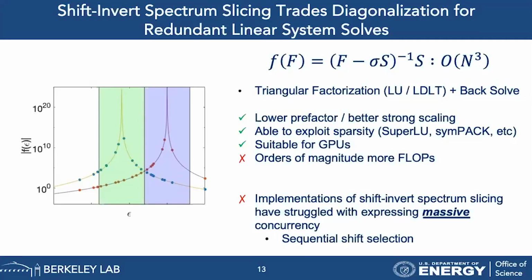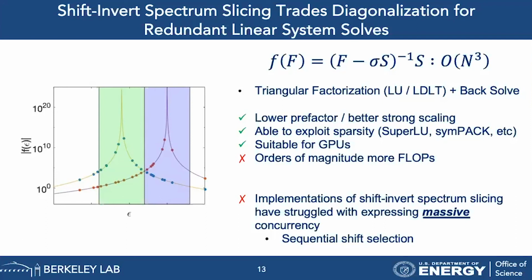And also we're going to be able to exploit sparsity, so we can use something like SuperLU or SymPACK to solve these linear systems at scale using many more resources than you were capable of using with diagonalization. And of course, GPU implementations of linear solvers are much more advanced than those of diagonalization.